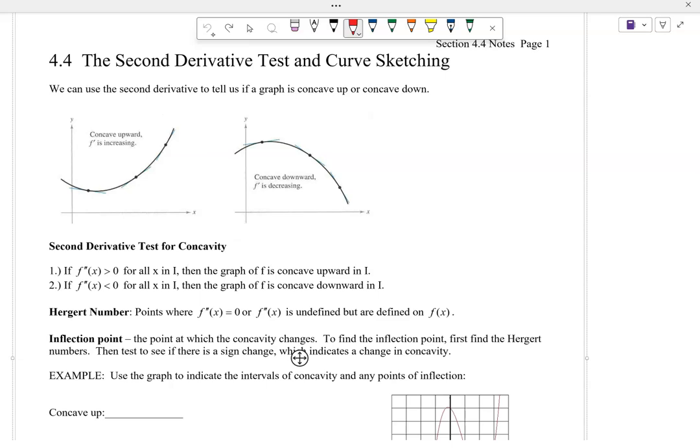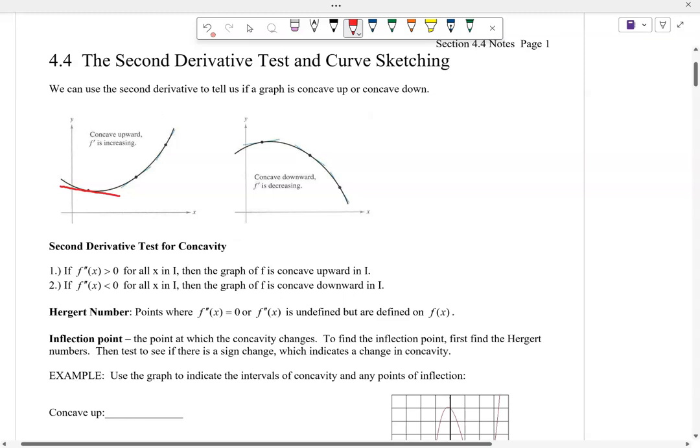So I want you to think for a minute about what the derivative is doing here. Notice on this first one, see that slope of the tangent line? Let's give that an actual value. Let's pretend that the slope of the tangent is negative a third. And then notice this slope of the tangent right there. Maybe it's positive, but let's call it 1.